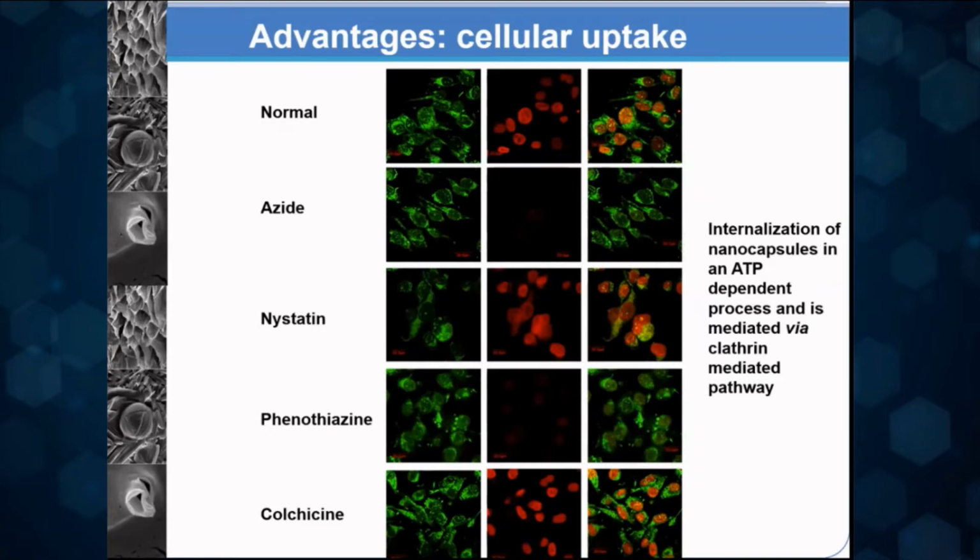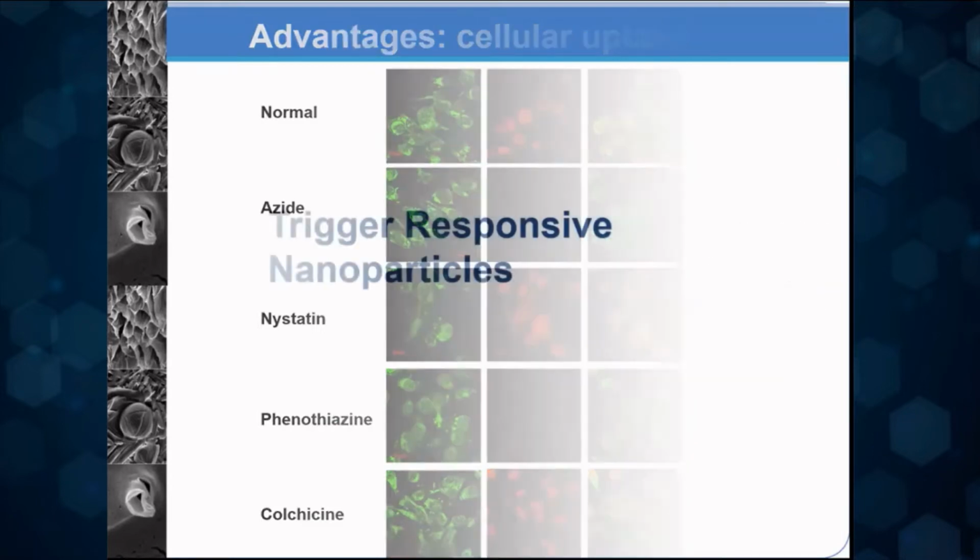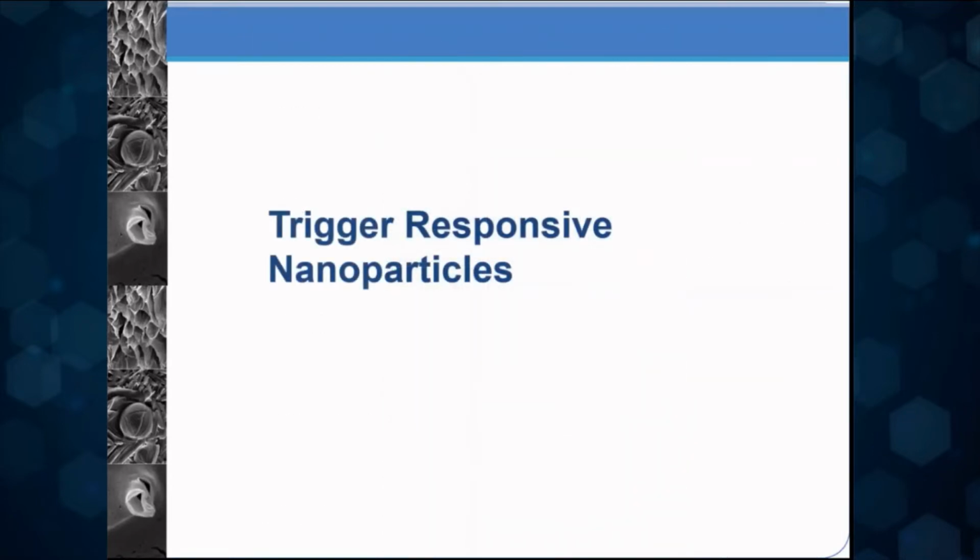And you can then know through which pathway your carrier is going in. So for example, if you have a caveolae-mediated pathway or a clathrin-mediated pathway, this can be controlled by the composition of your carrier material, irrespective of the drug.